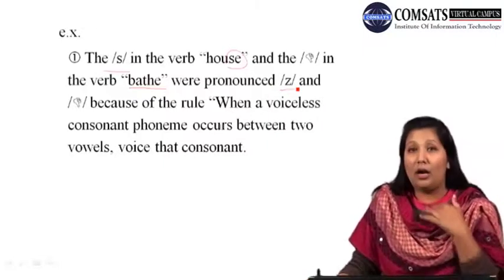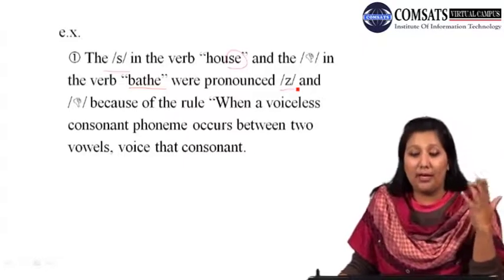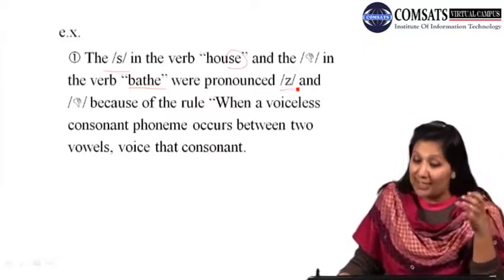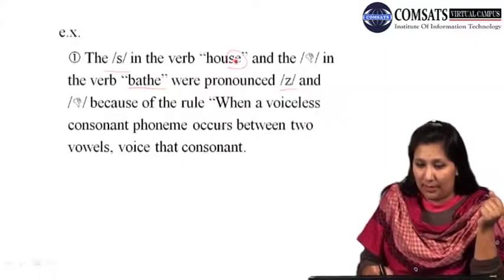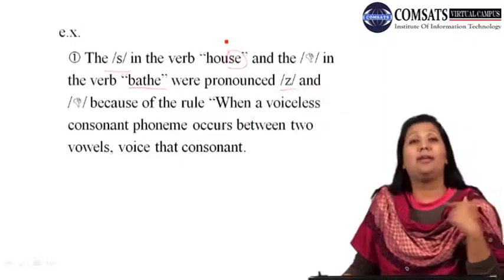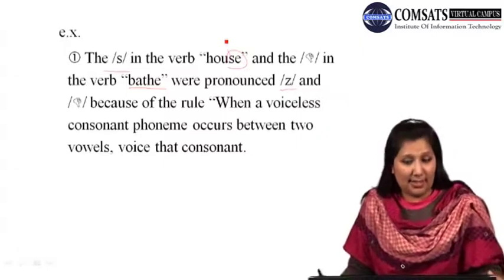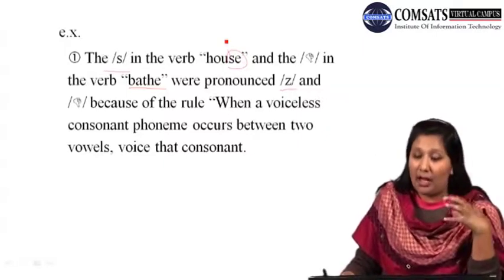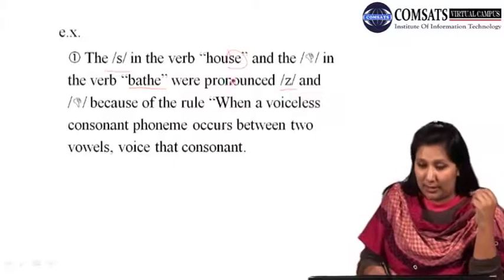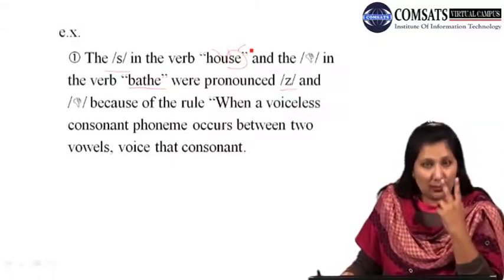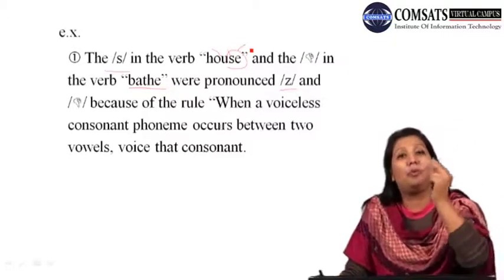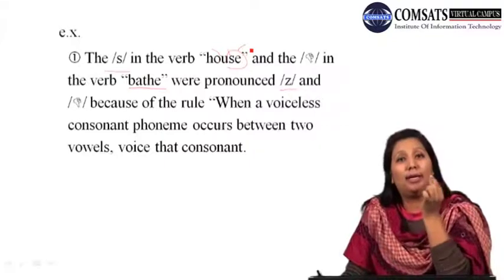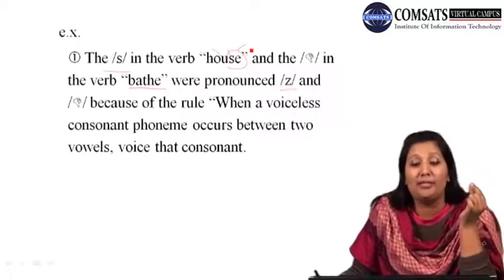Because of the rule, when a voiceless consonant, in house, s is a voiceless consonant, occurs between two vowels, where the two vowels are o and e, it voices that consonant.